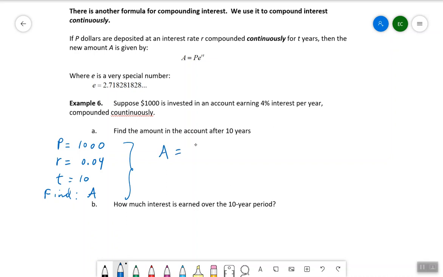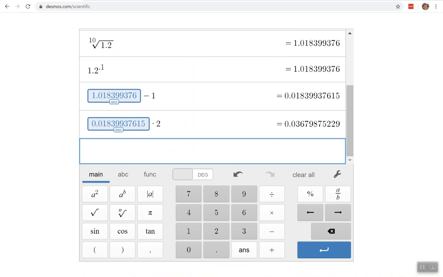A equals 1,000 times E to the RT, 0.04 times 10. 1,000 times E to the 0.04 times 10 is 0.4. And then we need our calculator again. So let's go back and look at that calculator one more time.